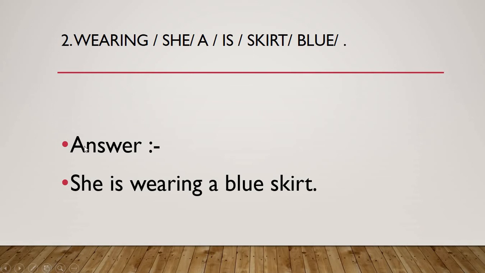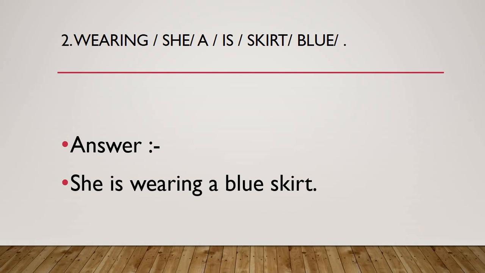The correct answer is: she is wearing a blue skirt. As she is wearing only one skirt, so a blue skirt, correct? And the full stop should be there at the end everywhere. So it is very much necessary. If you don't do that in grammar, we can deduct your marks. So always make sure a full stop is there at the end of the sentence.